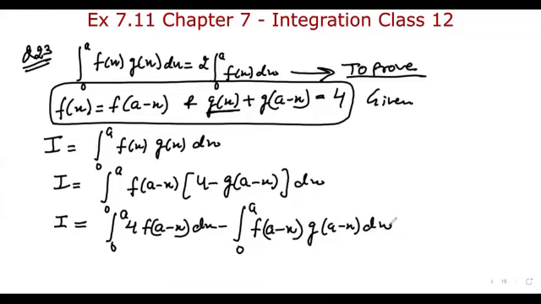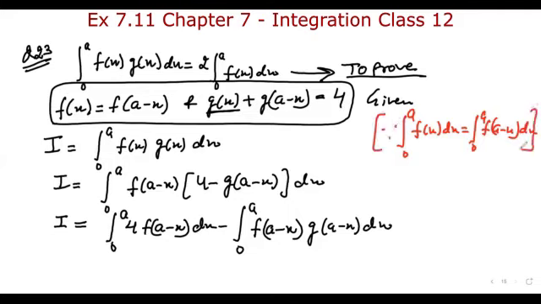As we know the property, integral 0 to a f(x) dx is equal to integral 0 to a f(a minus x) dx. So this property may be used vice versa. In my question, this side is given. I can replace it with integral 0 to a f(x) g(x) dx.